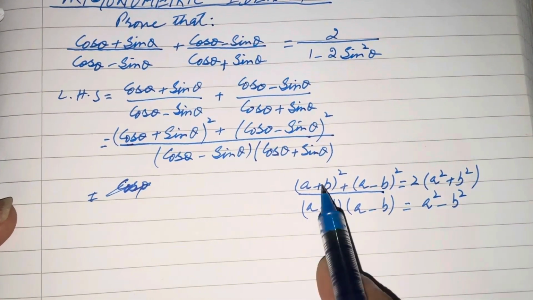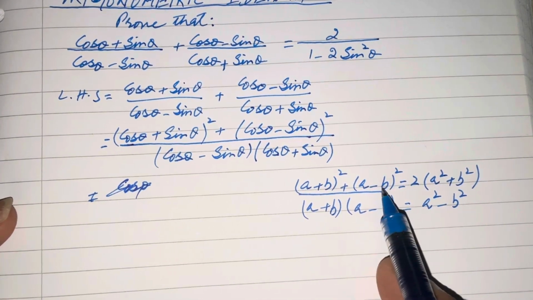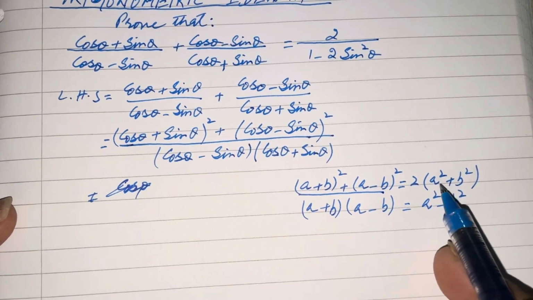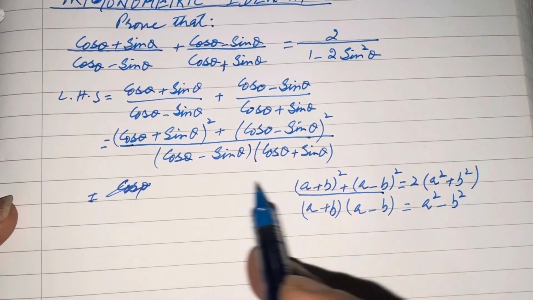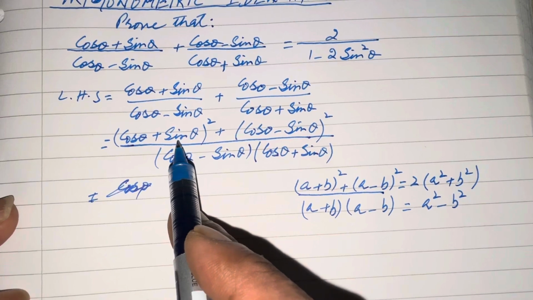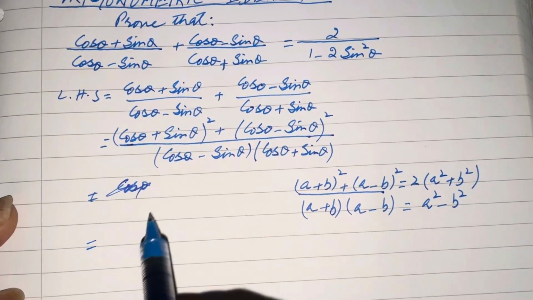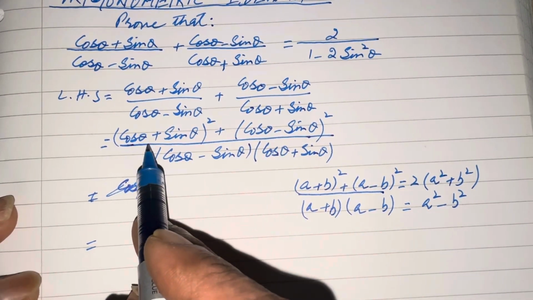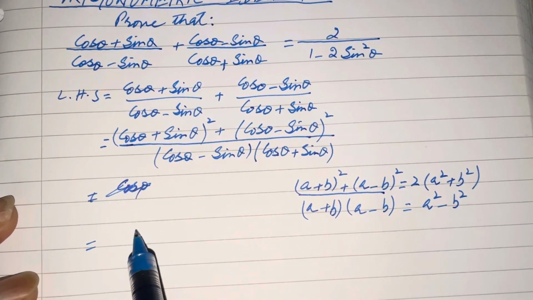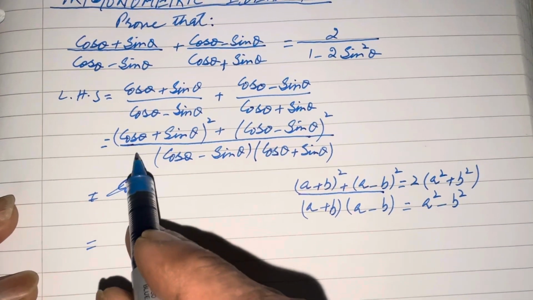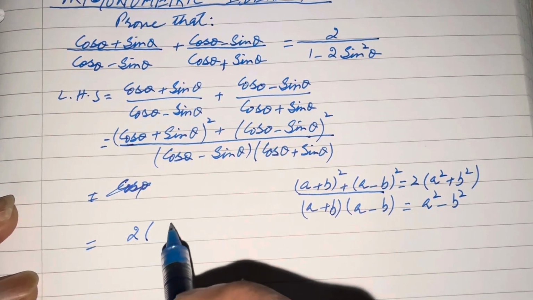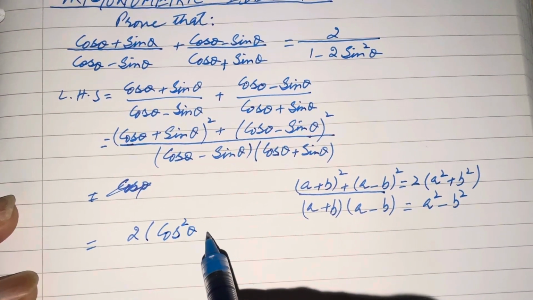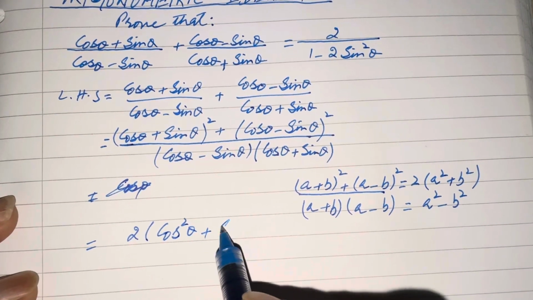So that's the given form of this algebraic identity. We can write this as equal to 2 into square of first plus square of second. First is cos theta, second is sine theta. So we can write this whole thing as 2 into square of first, so cos square theta, plus sine square theta.